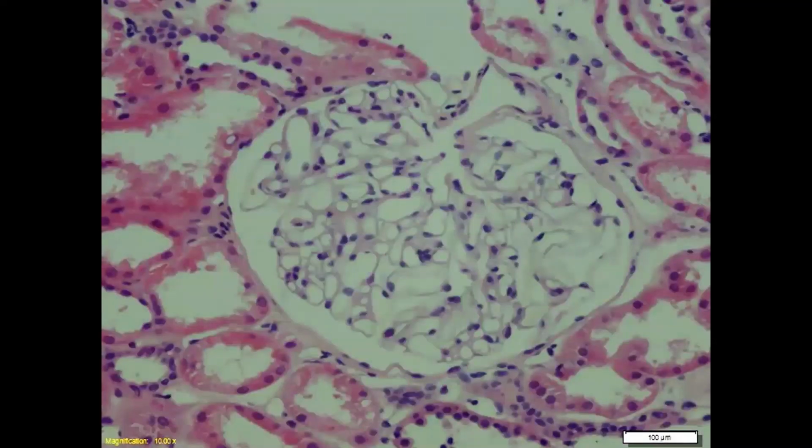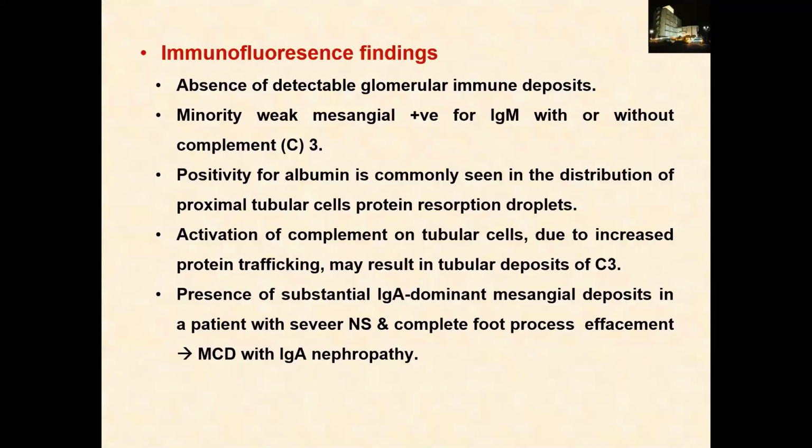This is high power magnification, light microscope, and this is a glomerulus situated at the middle. And we have a very nice glomerular basement membrane, and the capillary tufts are patent, and no mesangial expansion or mesangial cell increase or any abnormality. For the immunofluorescence, absence of detectable glomerular immune deposit, a minority may exhibit weak mesangial deposit of IgM.